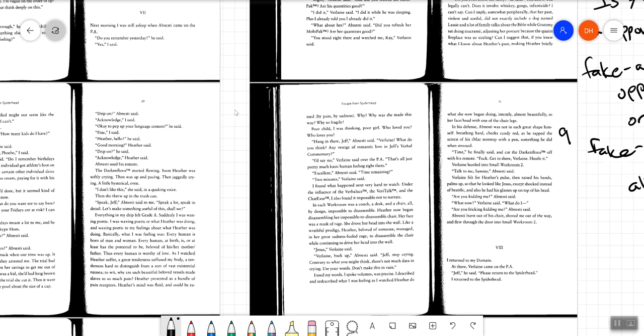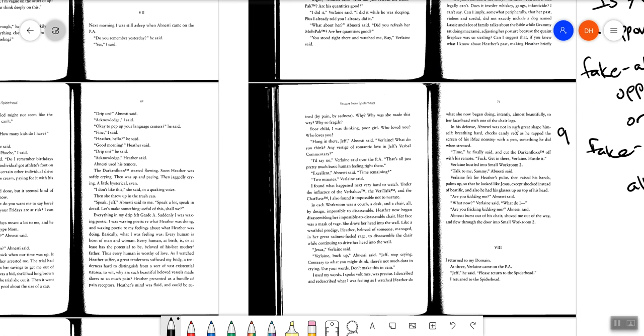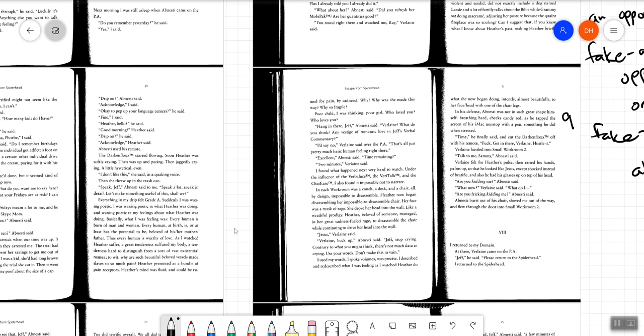Okay, so we'll skip to here. Now, here on page 71, we get our first real revelation, decision, change of desire, change of motive. This is part of where they have given Heather Darkenfloxx and kind of made Jeff watch to see his reaction.